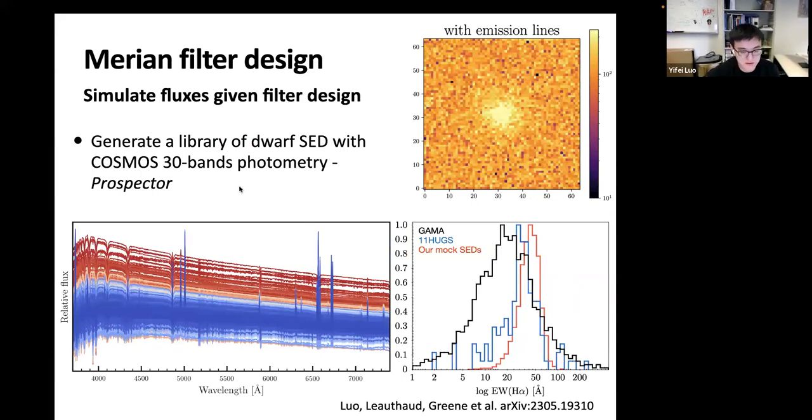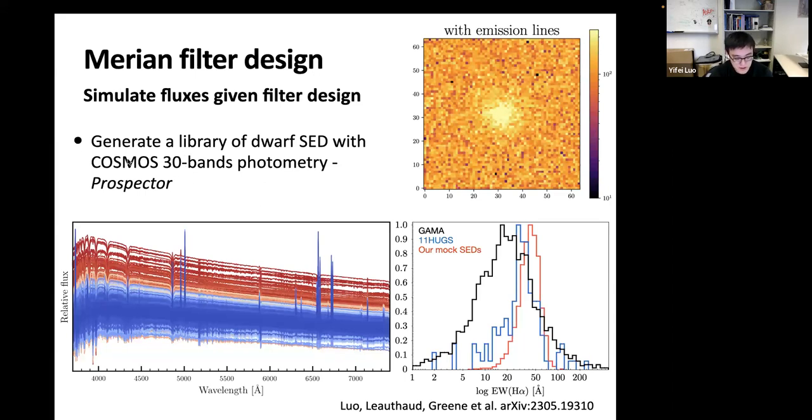It's a combination of lots of broadband, medium-band, and narrow-band surveys in the COSMOS region, pretty deep, all the way down to 26, 27 magnitude in optical, and all the way from ultraviolet to infrared. So it's a really nice multi-wavelength survey.